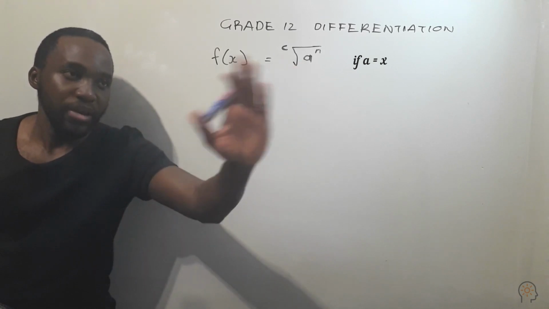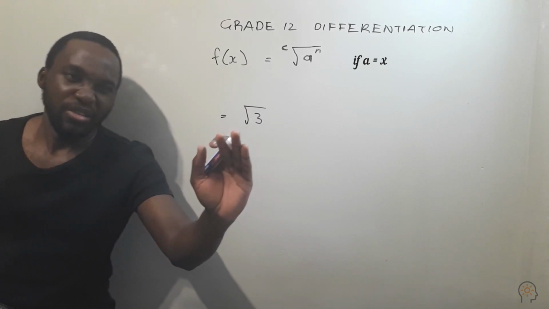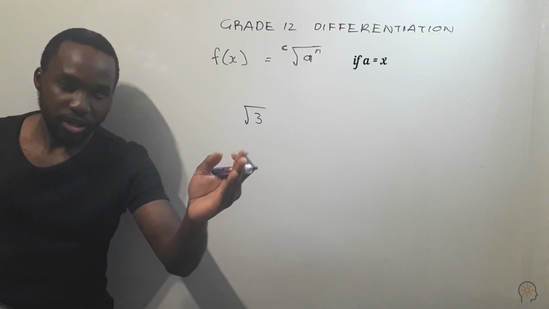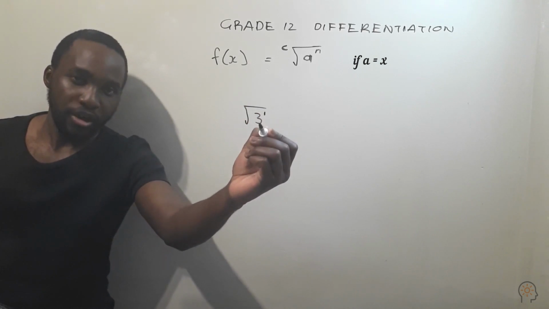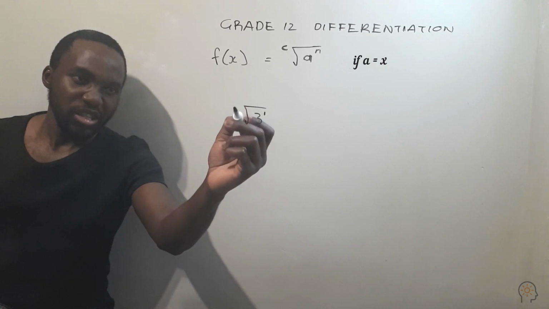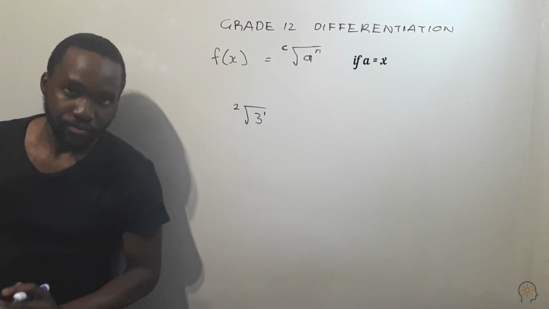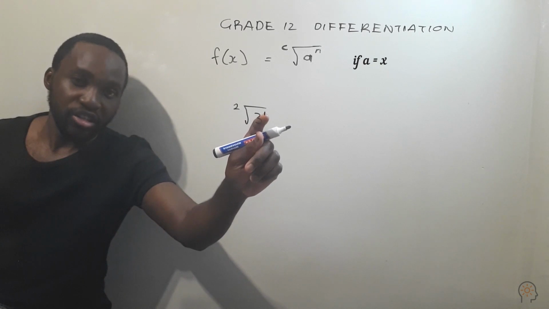So to just give a better idea of what we have here, if we have the value square root of 3, our exponent for 3 here is just a 1, right? And then as long as there's no number written here, the number there is always a 2, right? So when there's no exponent written, the exponent is just a 1.